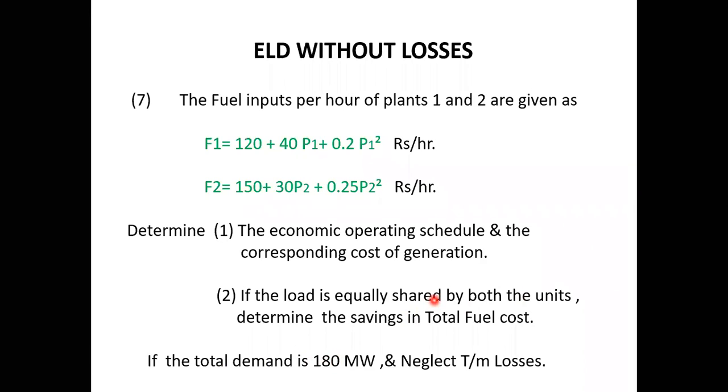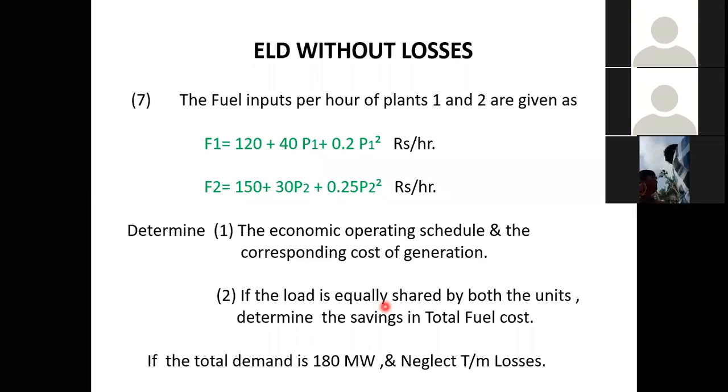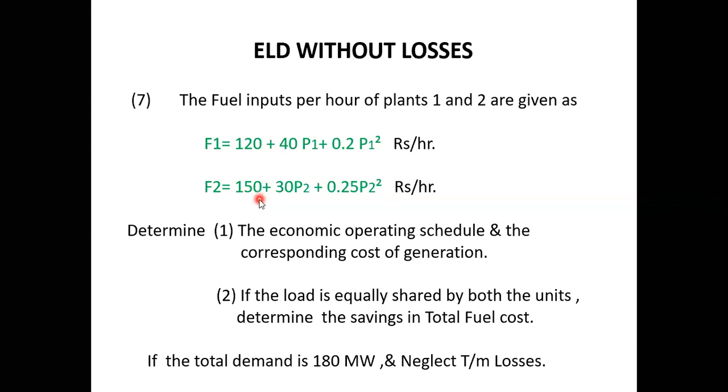So for each unit, we need to consider 90 megawatts. Means in the second case, P1 equals 90 megawatts and P2 equals 90 megawatts. Substitute those 90 megawatts in F1 and F2. Then you will get F1 and F2, then again add these two, and we will get the total fuel cost in the second case. So this is the procedure we are going to follow.